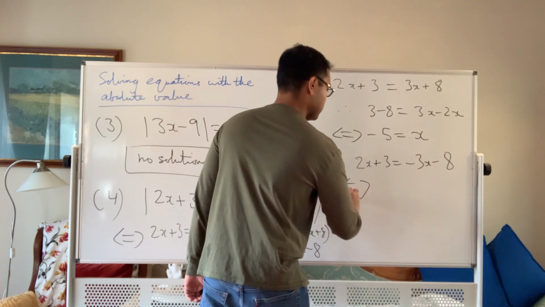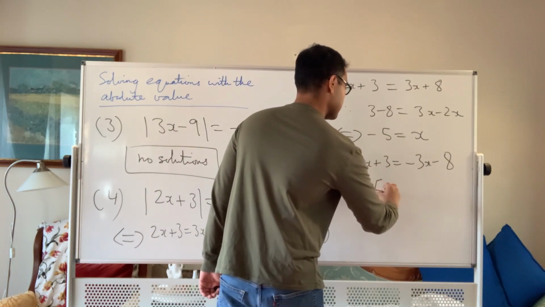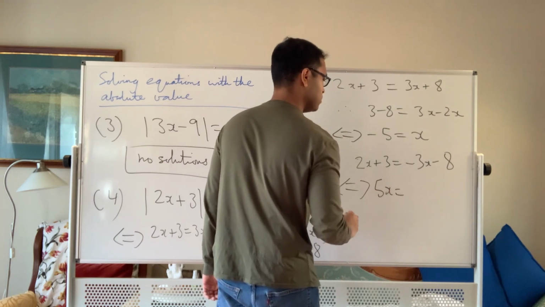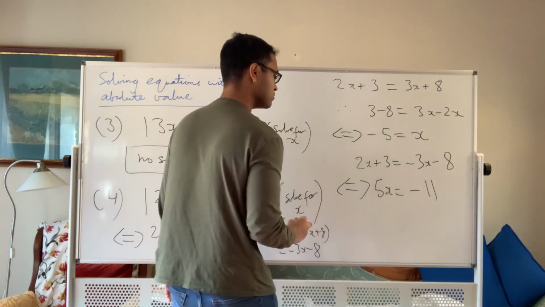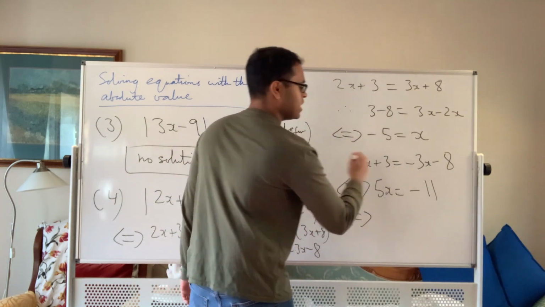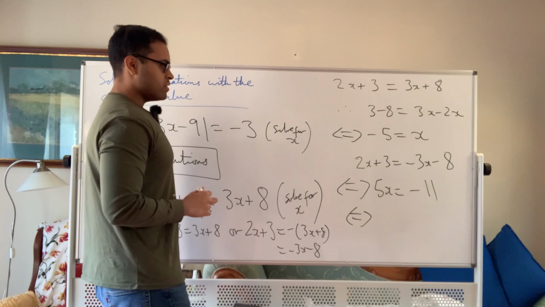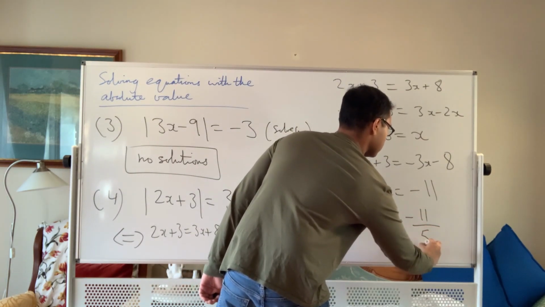We can bring the plus 3x to one side. So we're going to get 5x is going to equal minus 8 minus 3, which is minus 11. I won't show the steps there, but that's what it is. And then 5x is equal to minus 11, so x is equal to minus 11 over 5.